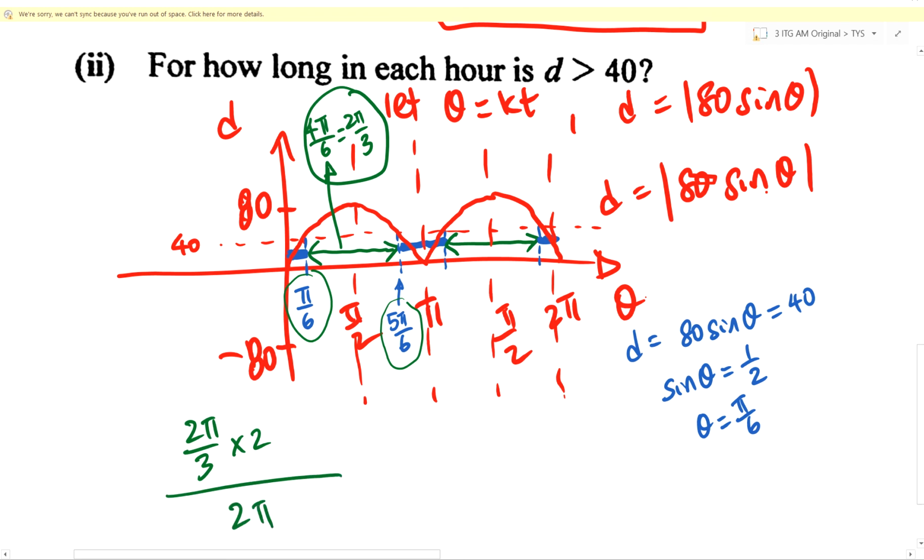What we have over here is a fraction. This is the proportion of the time that it is more than 40 but less than 80 within 1 hour. So now we need to multiply this by 1 hour, which is 60 minutes. And we get the pi and the pi cancel, 2 and 2 cancel, 2/3 of 60, 40 minutes.